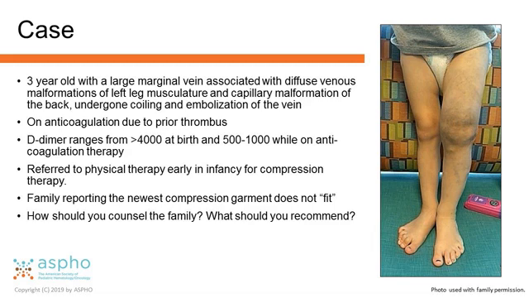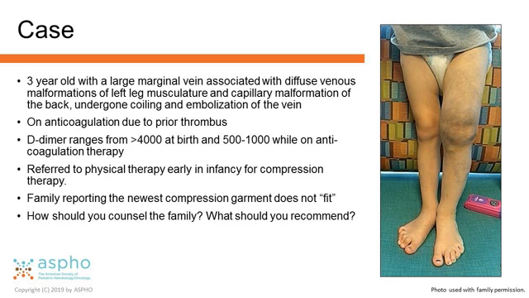The next case is of a 3-year-old with a large marginal vein associated with diffuse venous malformations of her left leg musculature and capillary malformation of her back. She has undergone coiling and embolization of the marginal vein. She remains on anticoagulation due to prior thrombus with D-dimer levels ranging from greater than 4,000 at birth and 500 to 1,000 while on anticoagulation, when the lower limits of normal are less than 500.